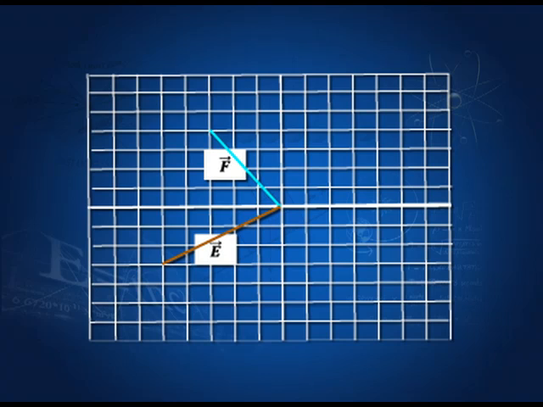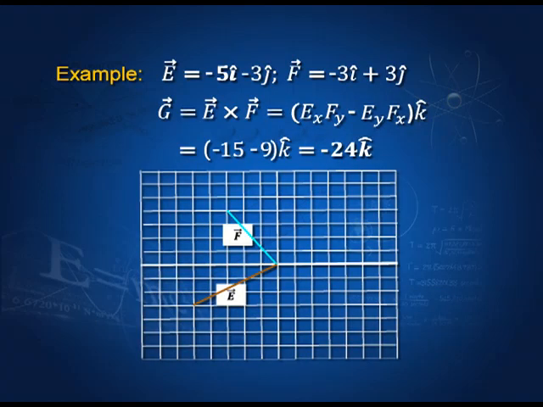Let us take another example. Here we have in this diagram vectors E and F, where vector E is minus 5 times i cap minus 3 times j cap, and F is minus 3 times i cap plus 3 times j cap, and the vector G, the product vector, is perpendicular to both E and F. E and F are in the xy plane.